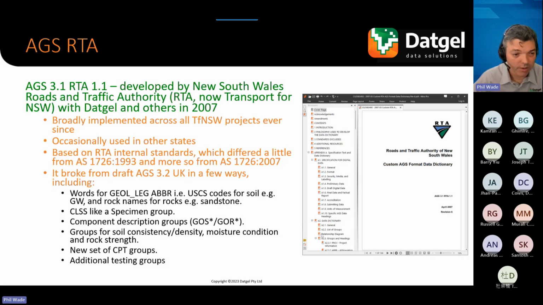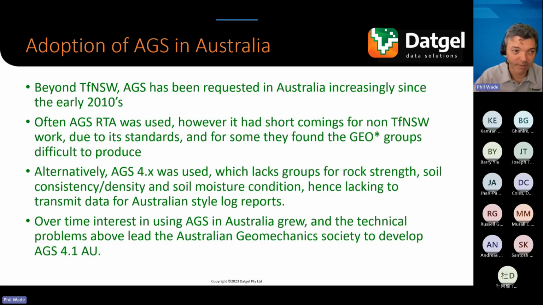So it's been used significantly since then on all Transport for New South Wales major projects. And everyone in New South Wales, which is where Sydney is in Australia, is well aware of this and using it in the geotechnical community.